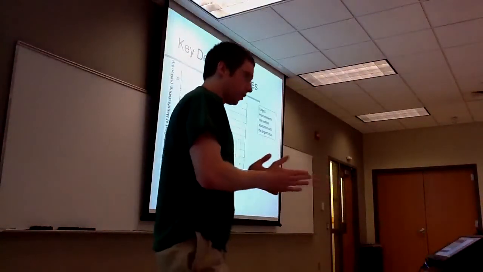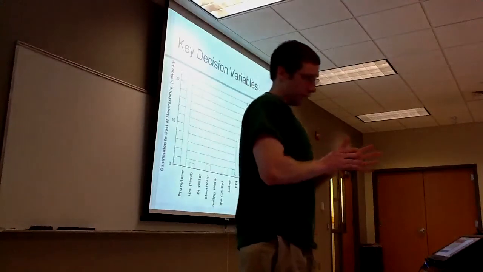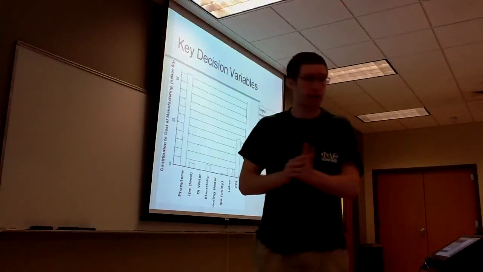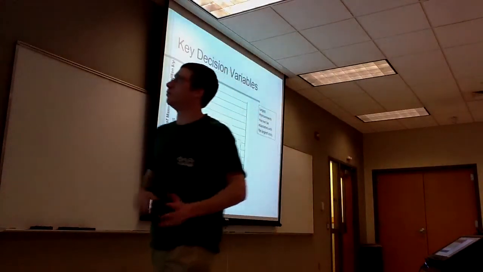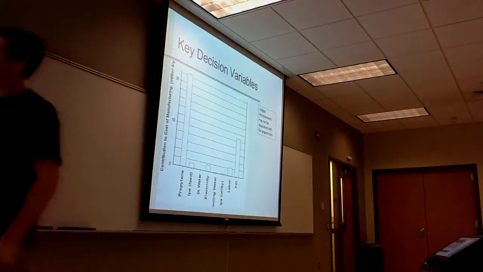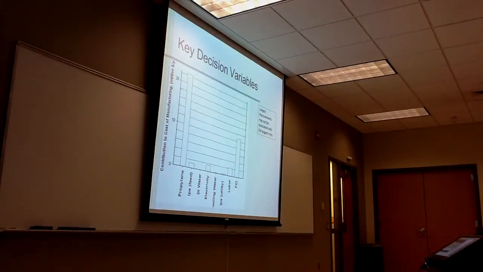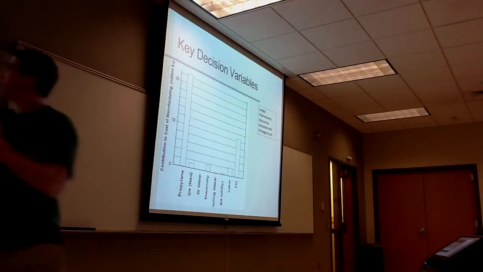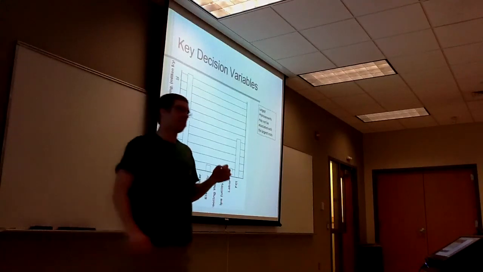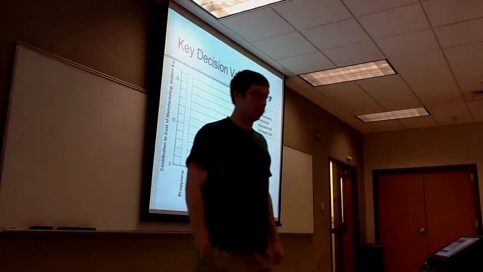Now here's a little chart on key decision variables, and the arrows disappeared, but the largest improvements are the propylene and the FCI right here. They're a bit taller, but the largest improvements may not necessarily be associated with the largest costs.